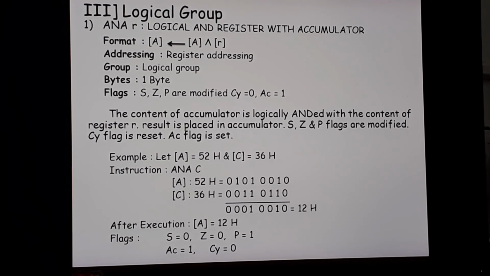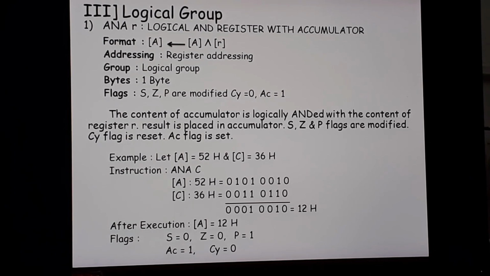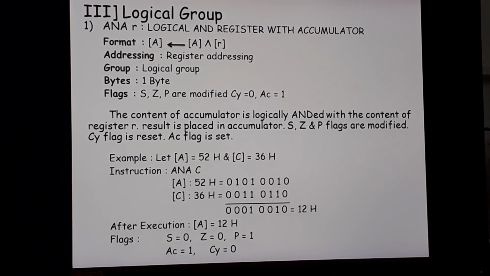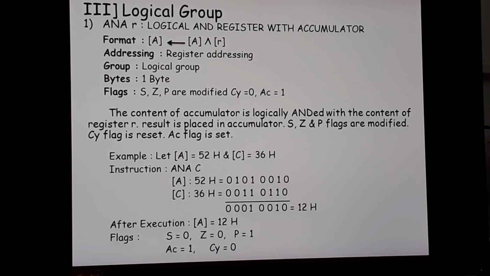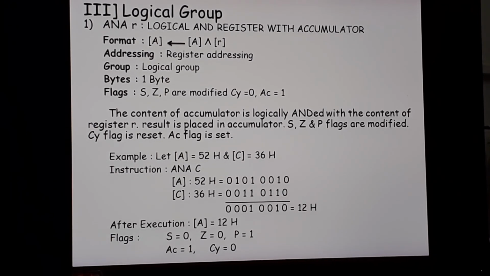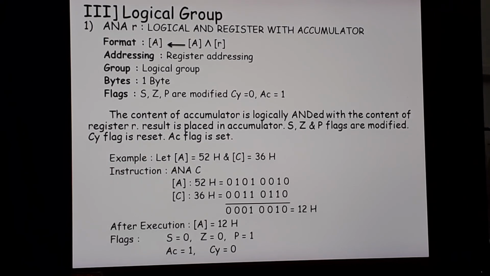So that is for the AND operation. The symbol for the AND operation is the top cap. So A AND R, and the arrow is moving towards A. That means the result of the AND operation will be stored in the accumulator itself. Addressing mode will be register addressing mode, since only registers are allowed in this particular instruction.